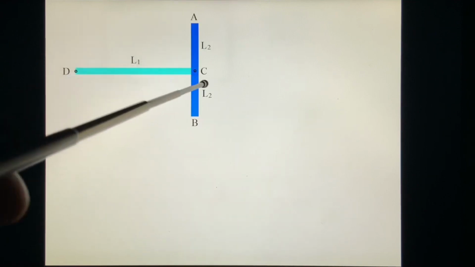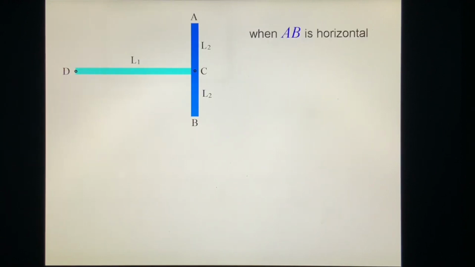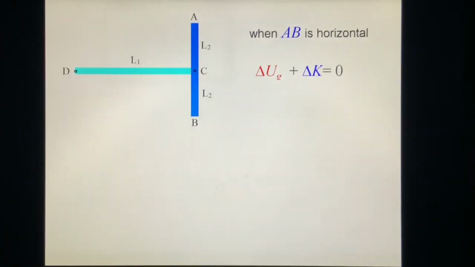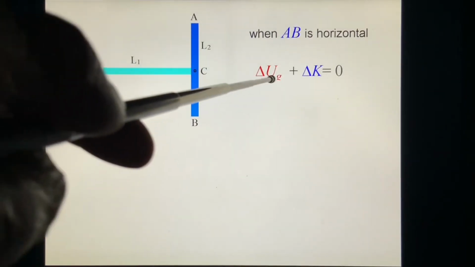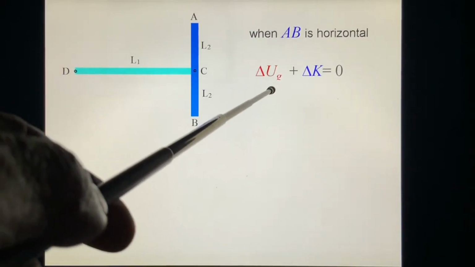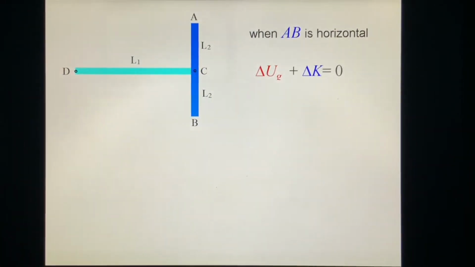Now, let's do the physics. When it's going down, the mechanical energy is conserved. This means delta U plus delta K equals 0. Here only gravitational potential energy is involved. Delta U is definitely the potential decrease, and it includes two parts.